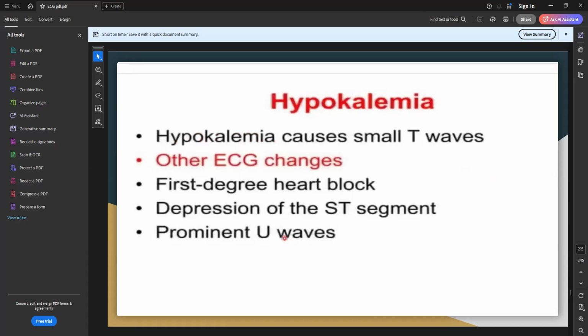Along with the small T waves, in case of hypokalemia, when the serum potassium level is less than 3.5 milliequivalents per liter, you will find small T waves along with first degree heart block and depression of the ST segment, and there will be appearance of a prominent U wave.